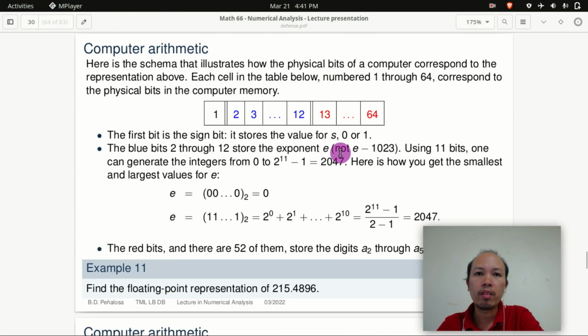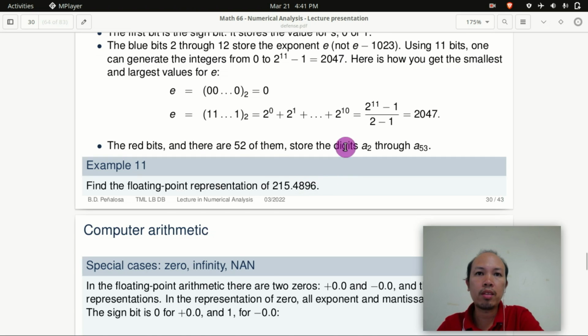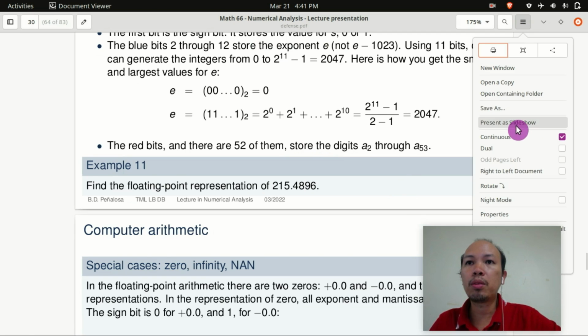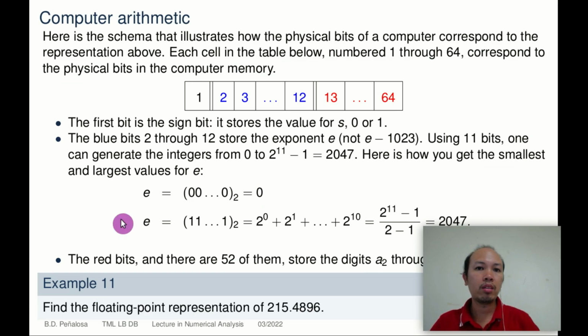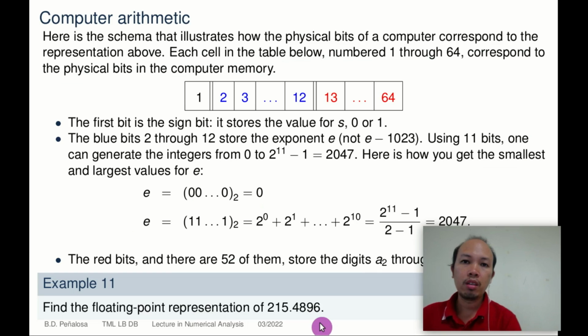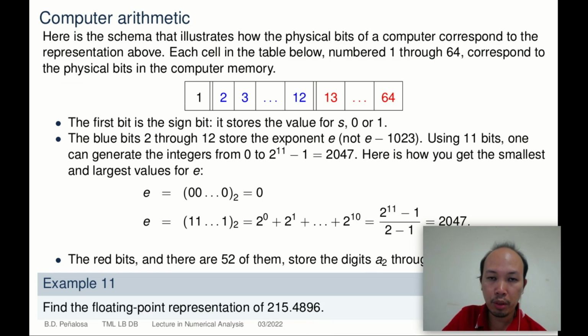Okay, so let's try to do this example. Example 11. Find the floating point representation of 215.4896.